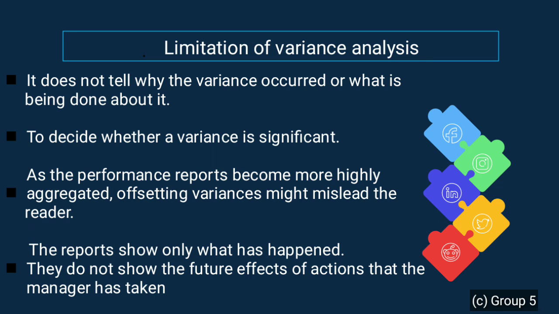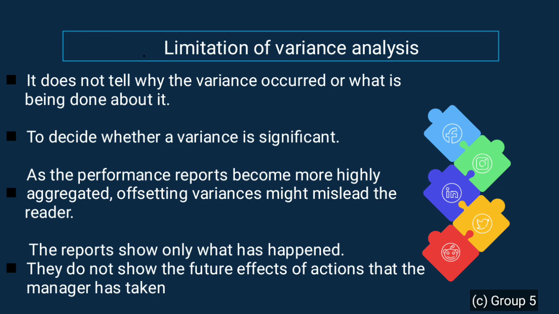A third limitation of variance analysis is that as the performance reports become more highly aggregate, offsetting variances might mislead the reader. The reports show only what has happened. They do not show the future effects of action that the manager has taken.